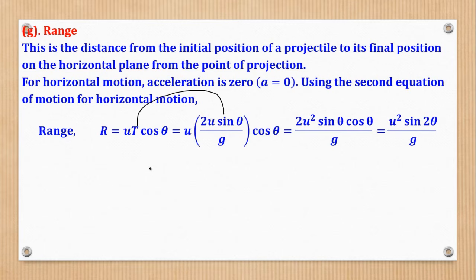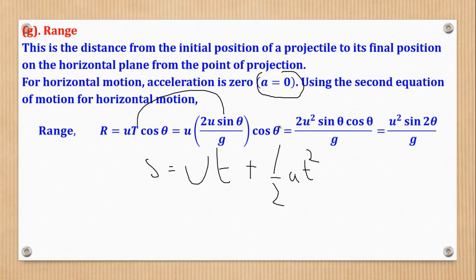How does it come about? Because remember, the second equation of motion is s equal to ut plus a half at squared. But remember, I've already said that the condition is that a is equal to 0, so the whole of this cancels. Remaining with this, the horizontal displacement is x, or we can call it r.